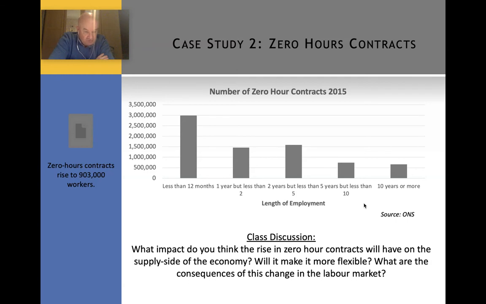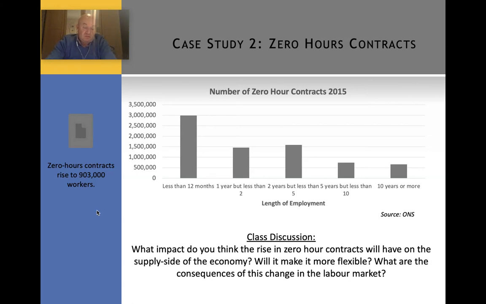Okay, we can see from the article here, 0 hours contracts have risen to 903,000 workers. Okay, so a significant amount of people on 0 hours contracts. Now, you could argue that to some degree they are very useful for the employer, but not quite so good for the employee.